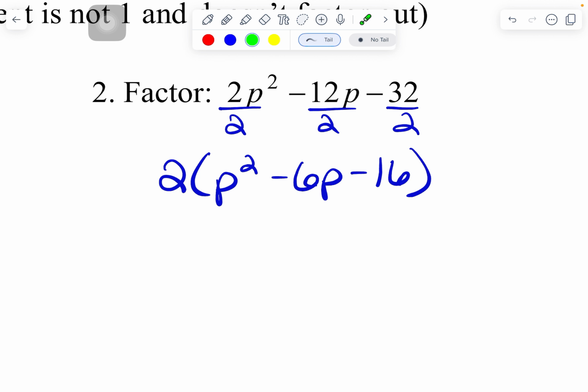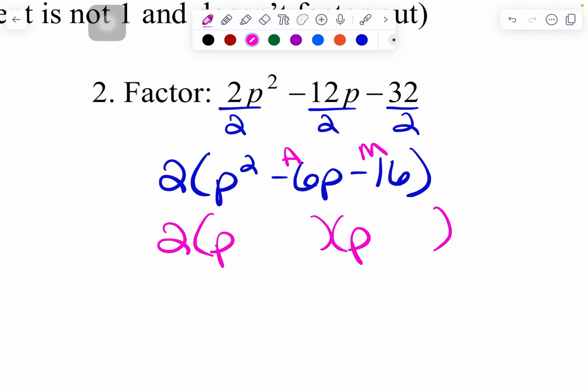But that part, right, this p squared, okay, cool. When I go to write my factors, I can split this easily. So let's see. I would be looking for things that multiply to negative 16 and add up to negative 6. Keep the 2, please and thank you. All right, 2 factors, p and p. Let's see what we got here. 8, 2, make the 8 negative, keep the 2 positive, just as a quick double check.